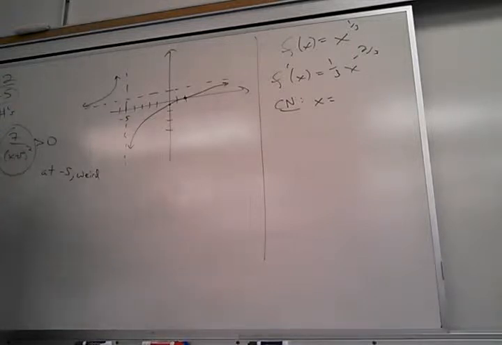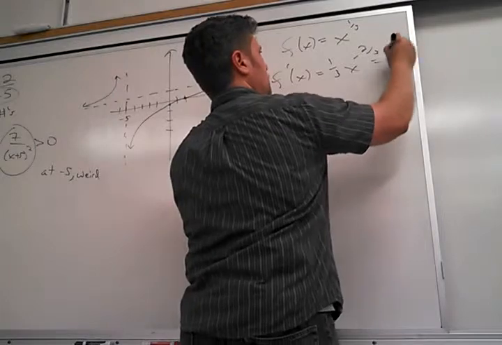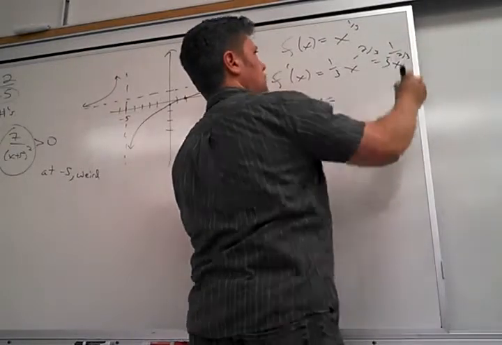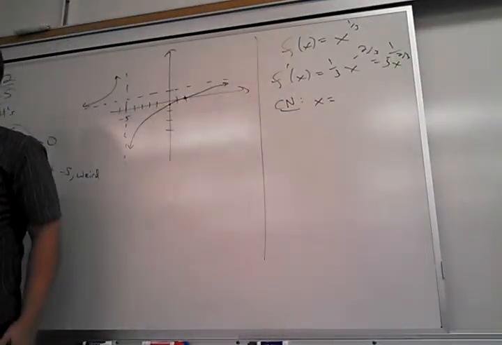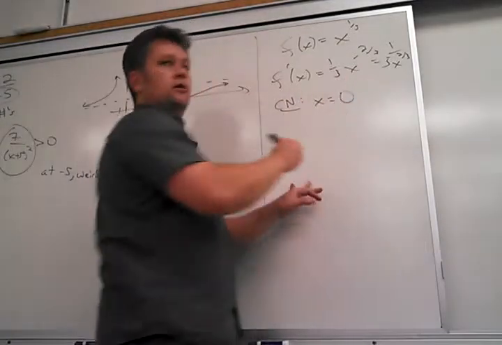No, it's 1/3 x to the 1, it can't be 0, so it's never equal to 0, but is it ever undefined? This is 1/3 x to the 2/3. What makes that undefined? 0. So a critical number would be at 0.